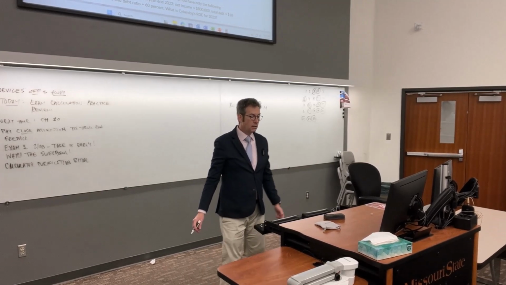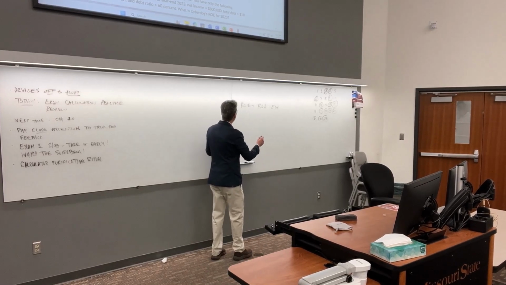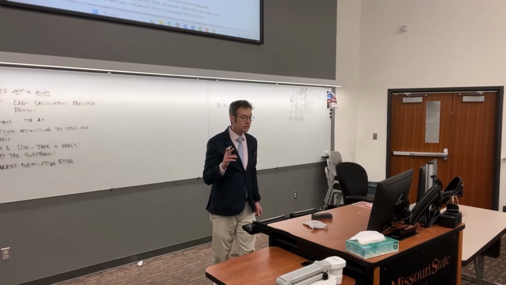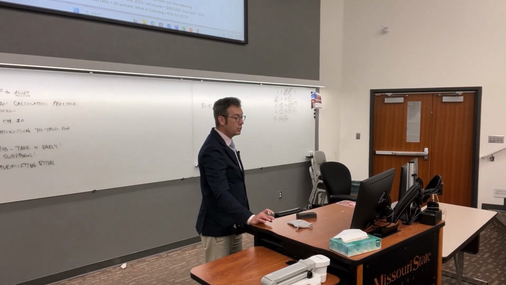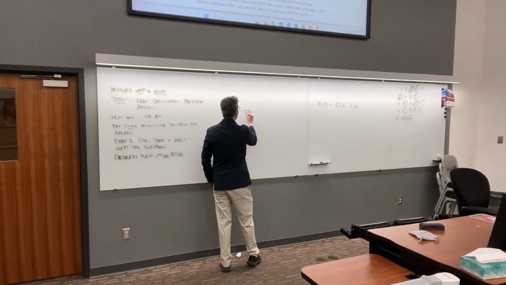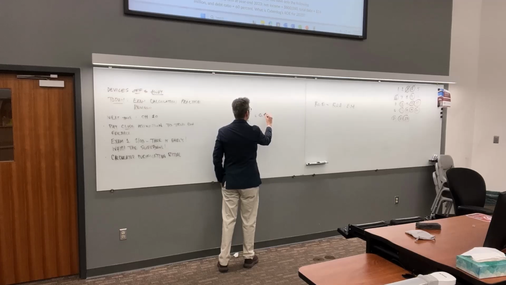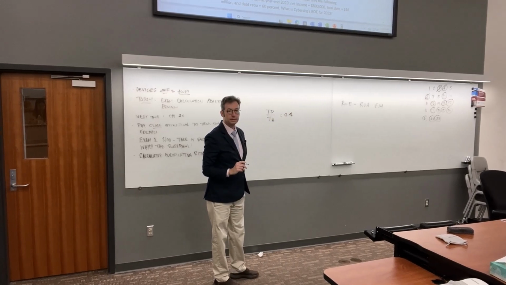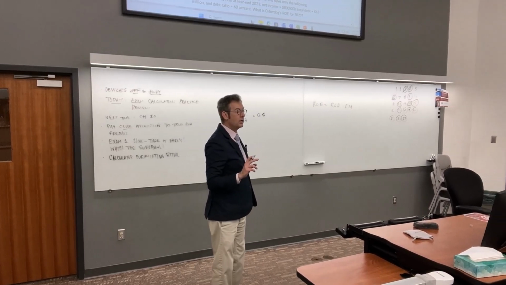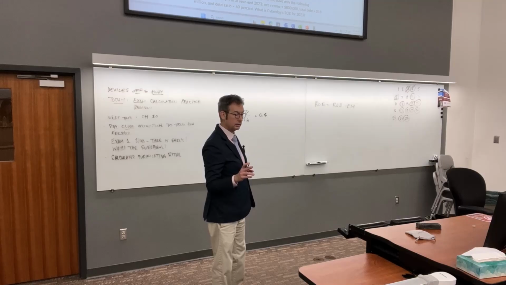Okay, let's see what else they give us here. So we could go ahead and calculate the equity multiplier. They're telling us that they've got total debt of 20 million and a total debt ratio of 40%. So what they're saying is TD over TA is equal to 0.4. Does that make sense? Okay, now we need to figure out the total assets in order to figure out this equity multiplier thing.